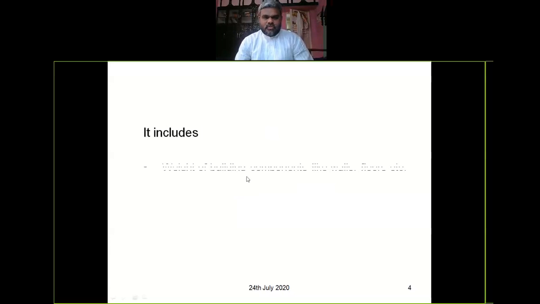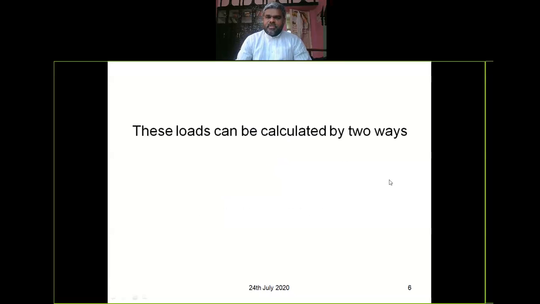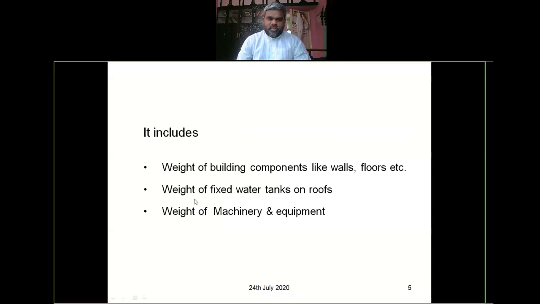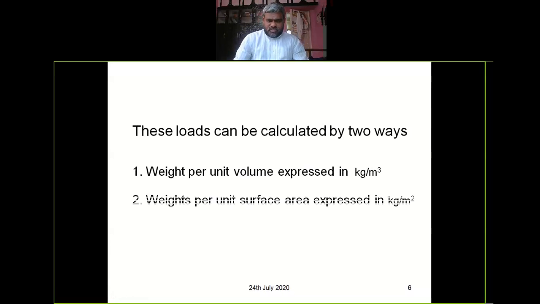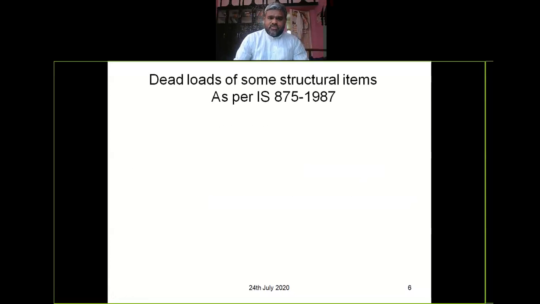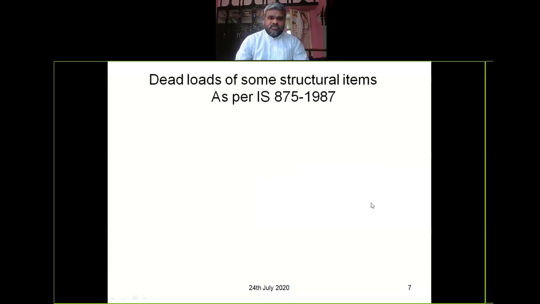Dead load includes the weight of building components like walls, floors, etc. The weight of fixed water tanks and roofs, and the weight of machinery and equipment will be included as dead loads. The loads can be calculated in two ways: unit weight per volume, expressed in kg per meter cube, or unit weight per unit surface area, expressed in kg per meter square.